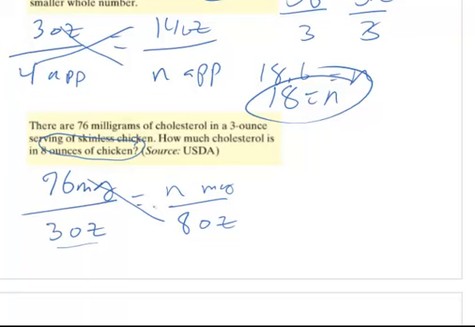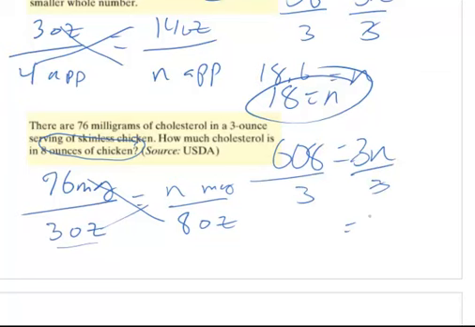So again, my ounces are going to go on the bottom because that's what I had right there. So here's my milligrams. So again, my first step is cross multiply. 76 times 8 is 608. Oops, let me get my eraser. And back in business. Okay, so 608 equals 3 times n, which is 3n. So I'm going to go ahead and divide both sides by 3.